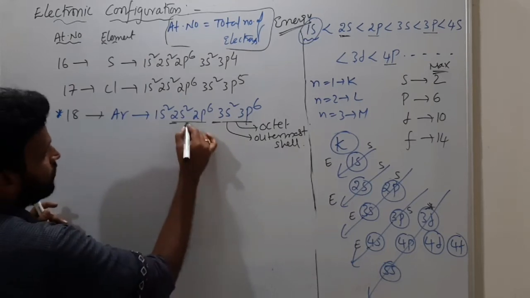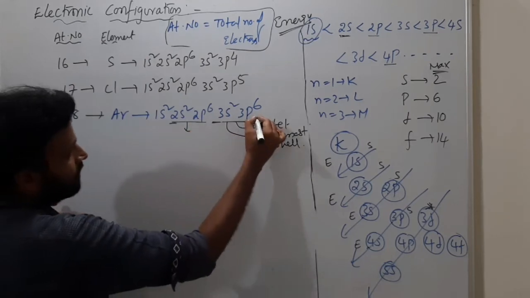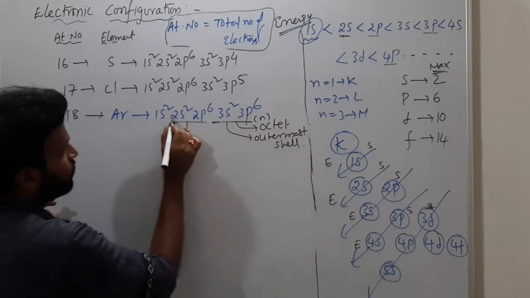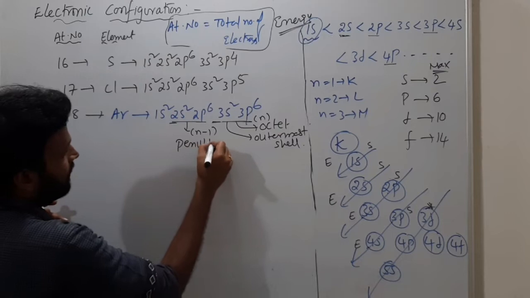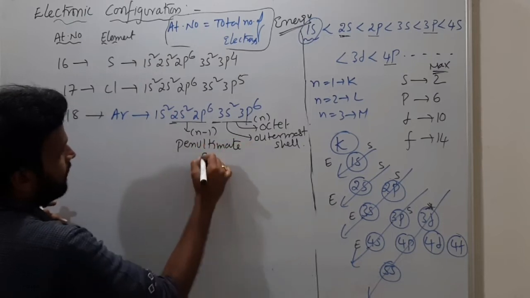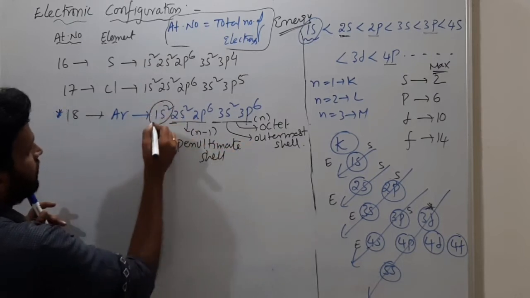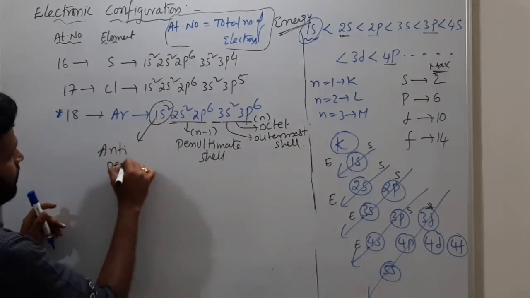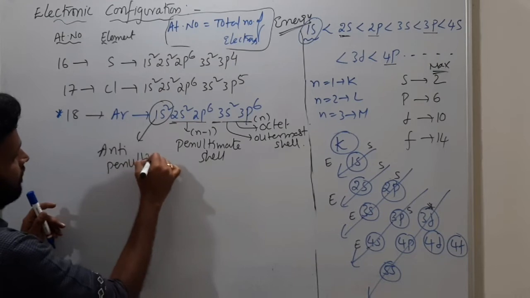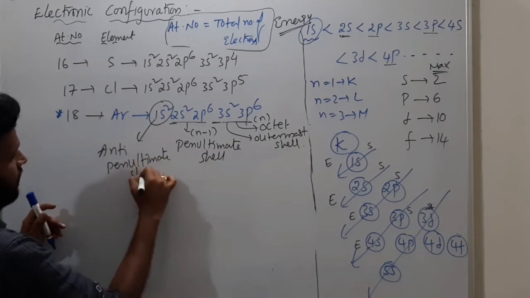This 2s and 2p, suppose this is n, so n minus 1 is called the penultimate shell. This is the anti-penultimate shell.